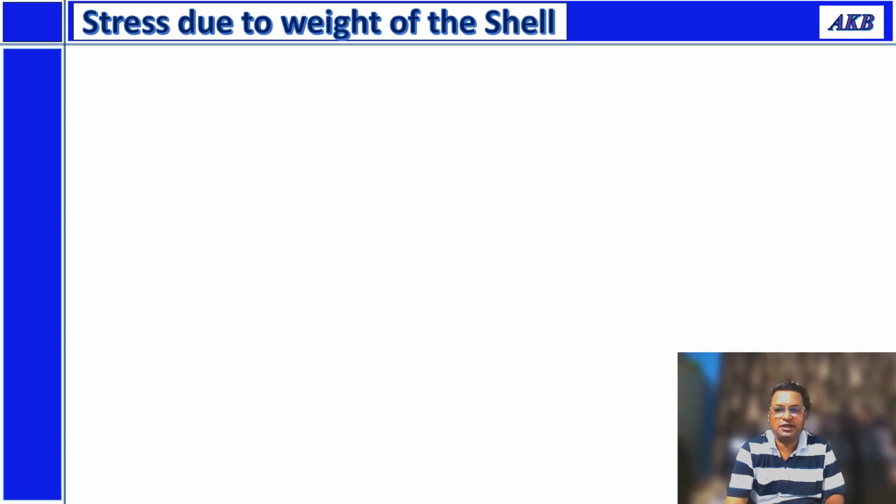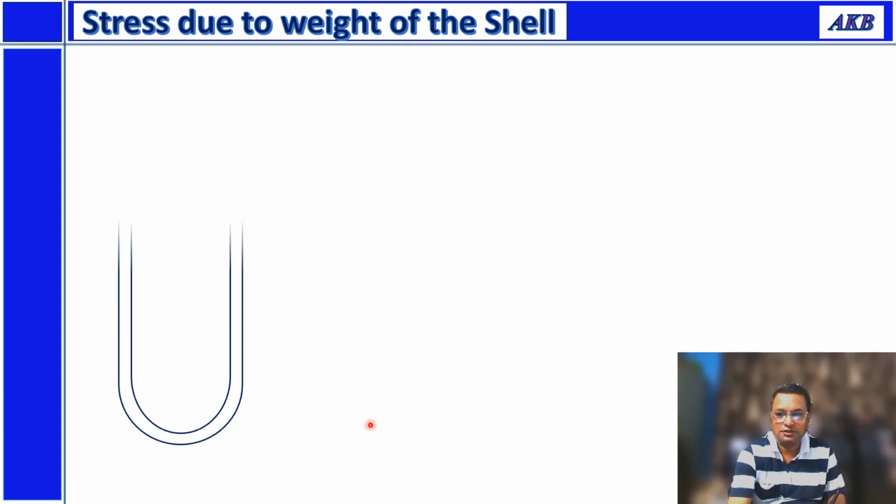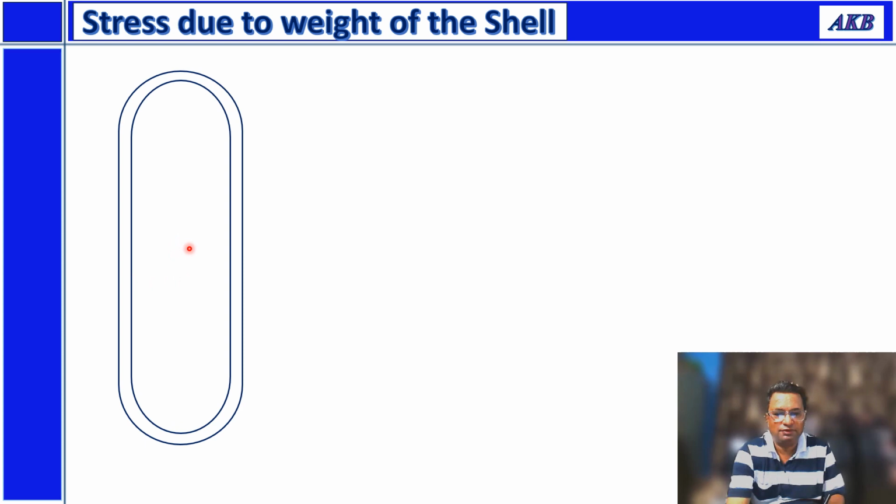So let us start with analyzing the stress that will be induced due to the weight of the shell. For that, we will consider the column, and you can see the column will have a shell and then the heads, top head and head at the bottom.